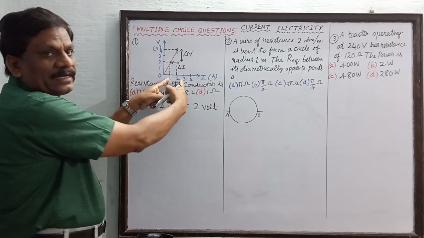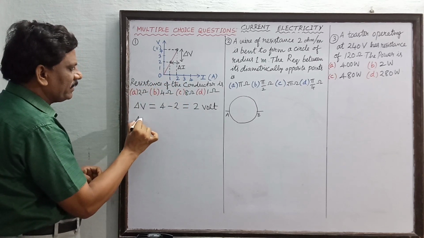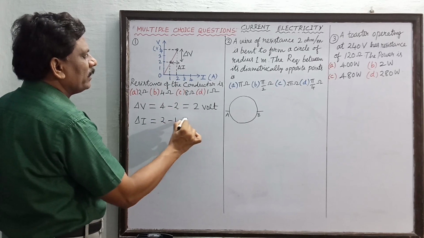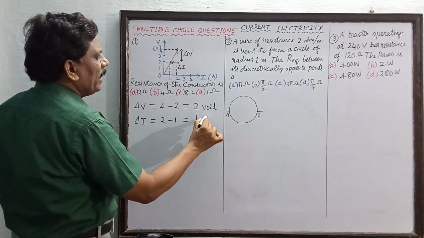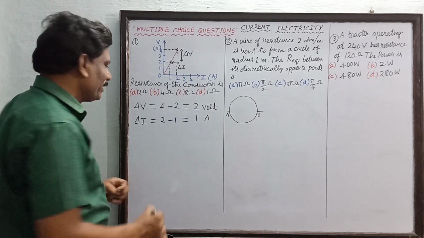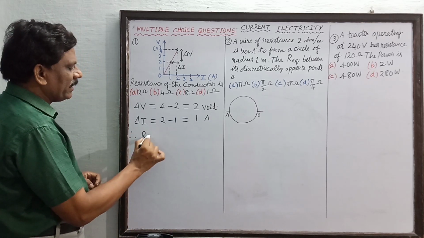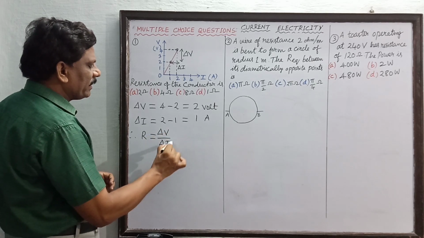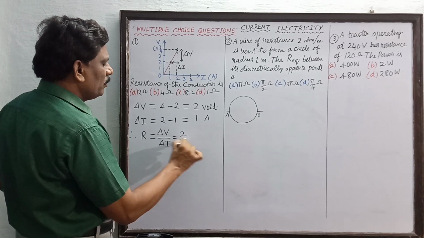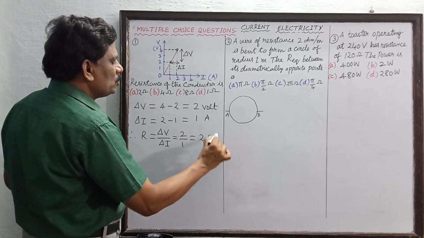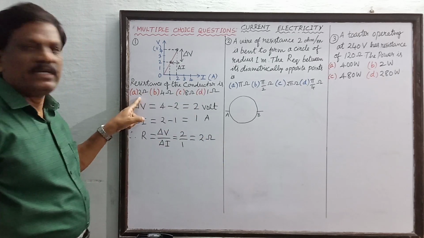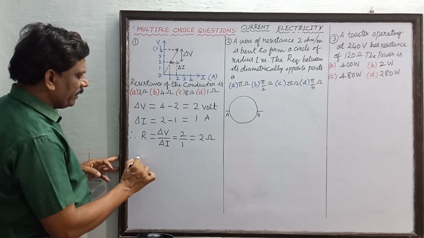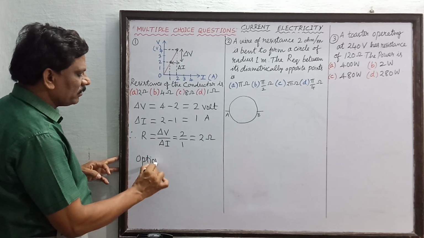The corresponding change in the current is delta I, that is 2 minus 1, equal to 1 ampere. Therefore, the resistance of the conductor is equal to the change in the potential difference divided by the change in the current. So this is 2 by 1, that is equal to 2 ohm. So option A, 2 ohm, is the correct answer.